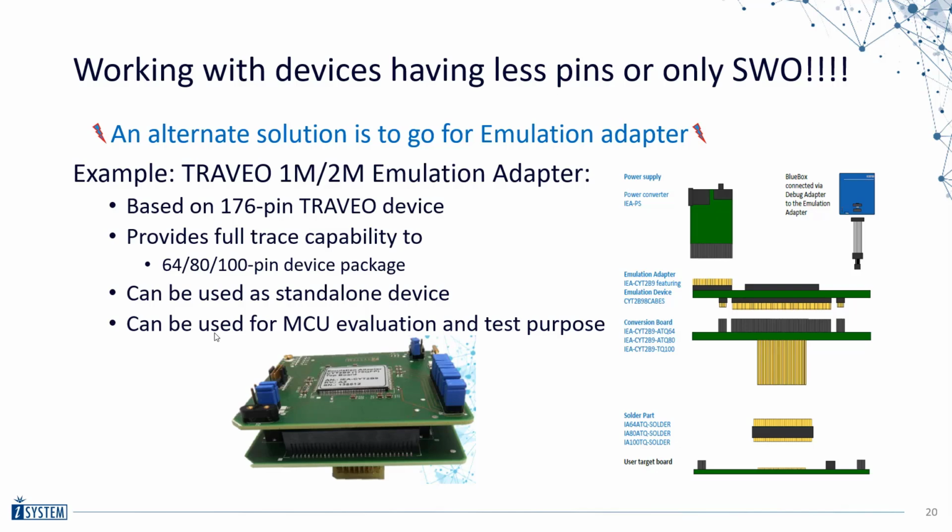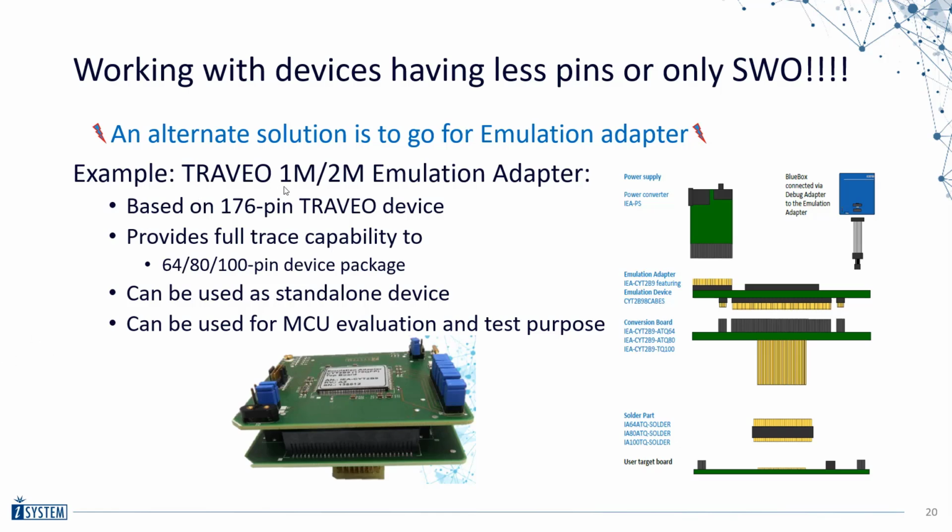Now moving to the last slide of this presentation. This is about the emulation adapter. What happens when you work with very low pin count devices, or you just have SWO and still you want to go for the full trace capabilities? Then the answer is this type of emulation adapter.